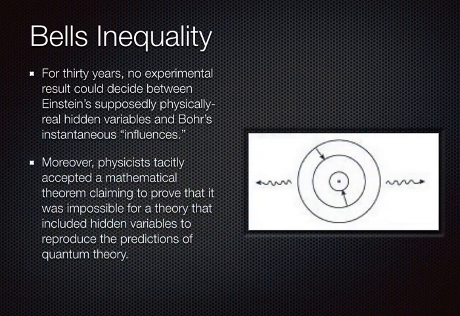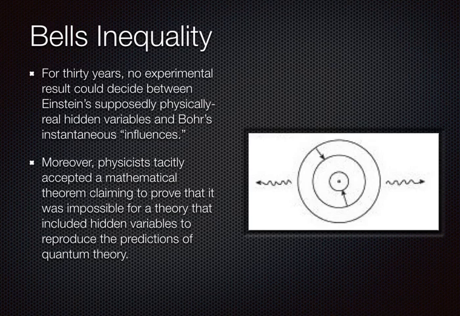Moreover, physicists tacitly accepted a mathematical theorem claiming to prove that it was impossible for a theory that included hidden variables to reproduce the predictions of quantum theory. So there was a mathematician who came out with a theorem that nobody even tested. But the theorem basically said, if you were to prove that hidden variables, like what Einstein said, is true, then quantum theory would not just be incomplete, it would be wrong.